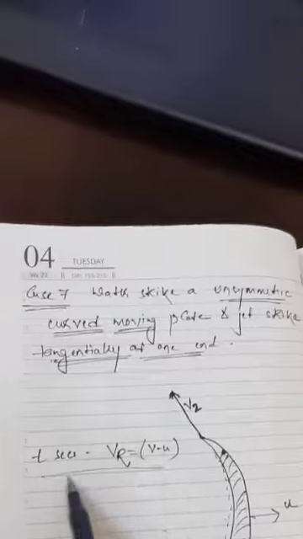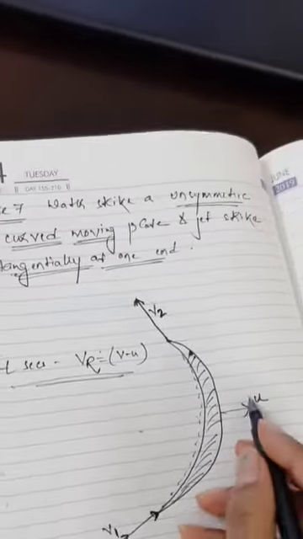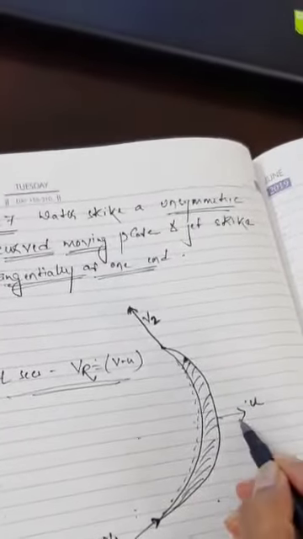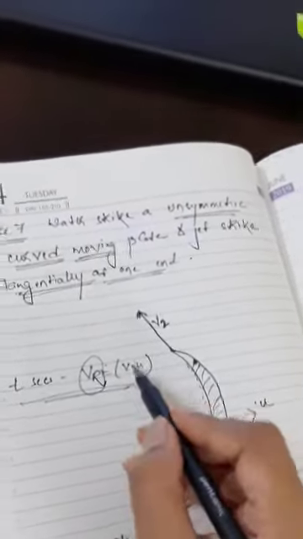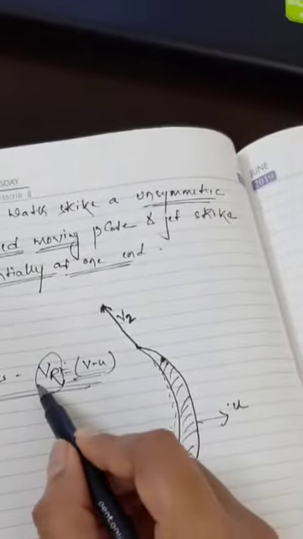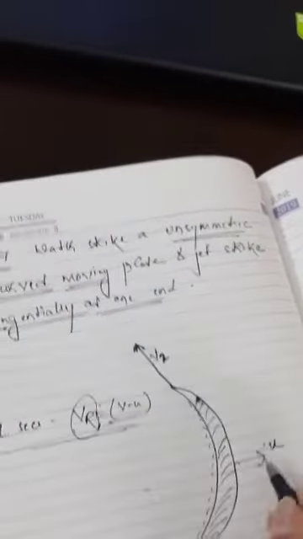Just like that, here also we have to calculate a relative velocity, but these are not in the same direction. V is somewhat inclined and u is horizontal, so Vr is a little bit trickier to find than this. So to find out the relative velocity, let me draw the diagram completely.